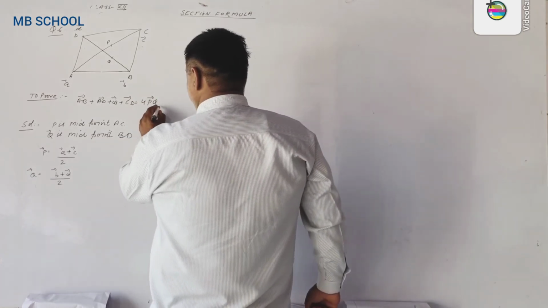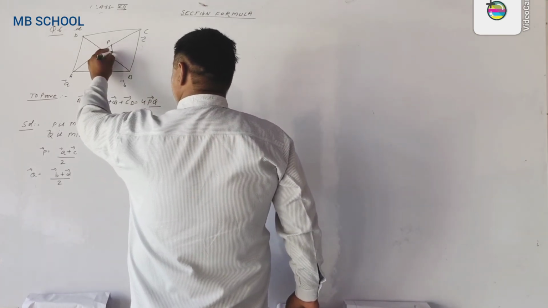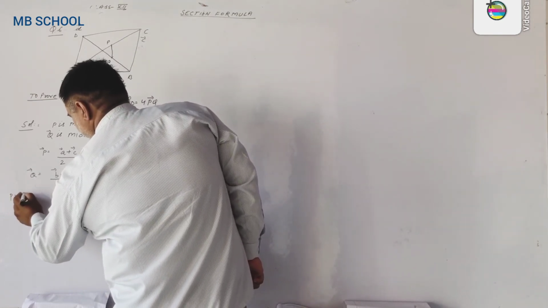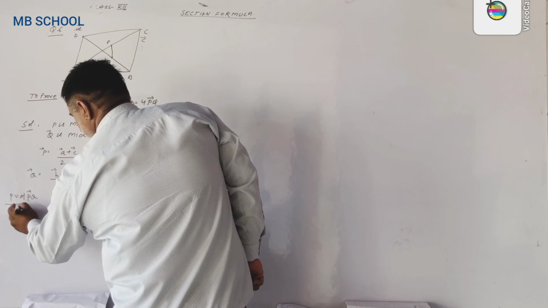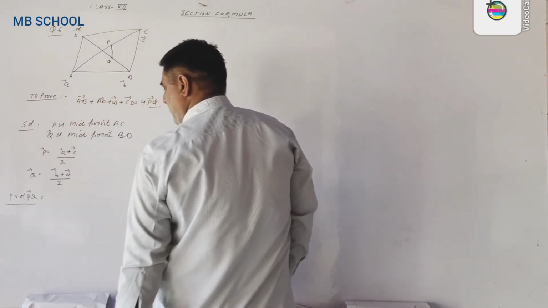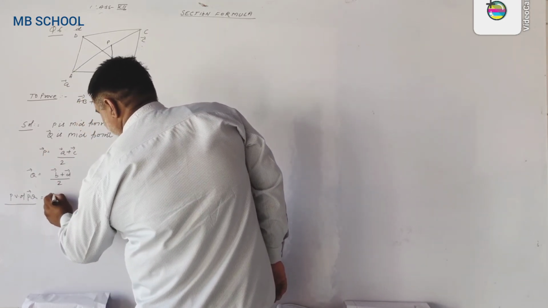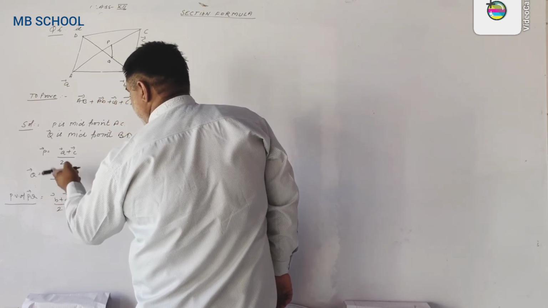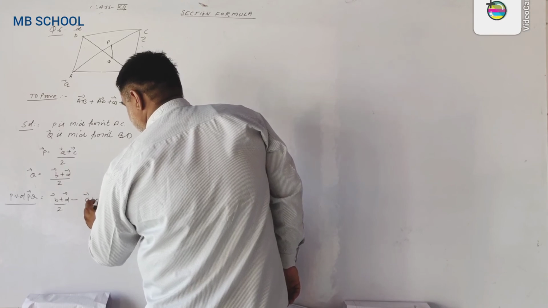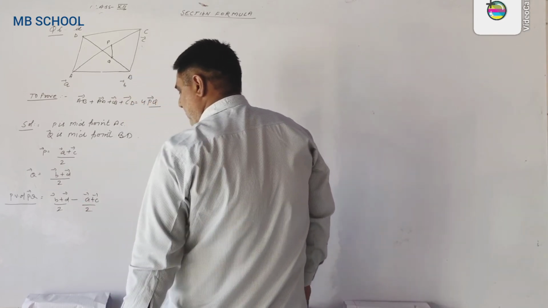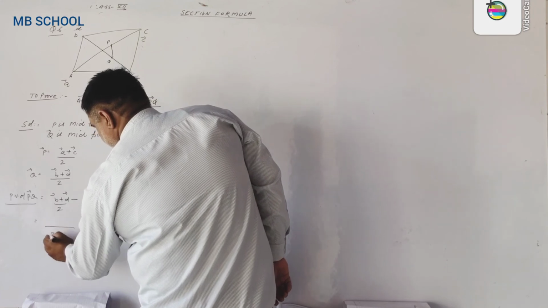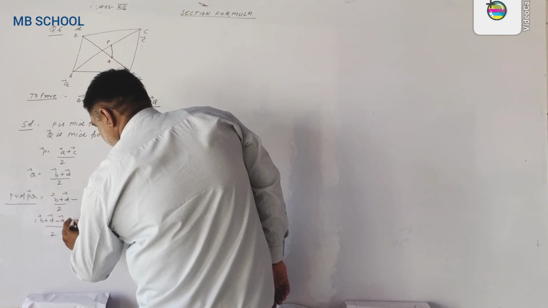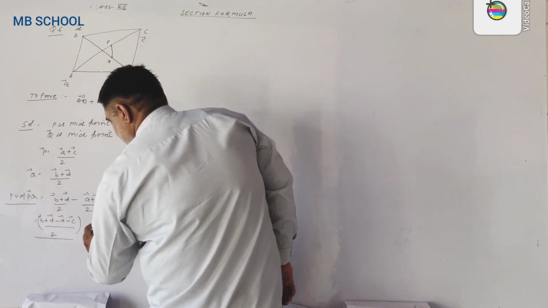PQ means join P to Q, we get the position vector of PQ. So position vector of PQ is equal to vector Q minus vector P. So vector Q is (B plus D) by 2 minus P, (A plus C) by 2. So now 2 is the LCM: vector B plus D minus A minus C, by 2. Now this is your result for this.